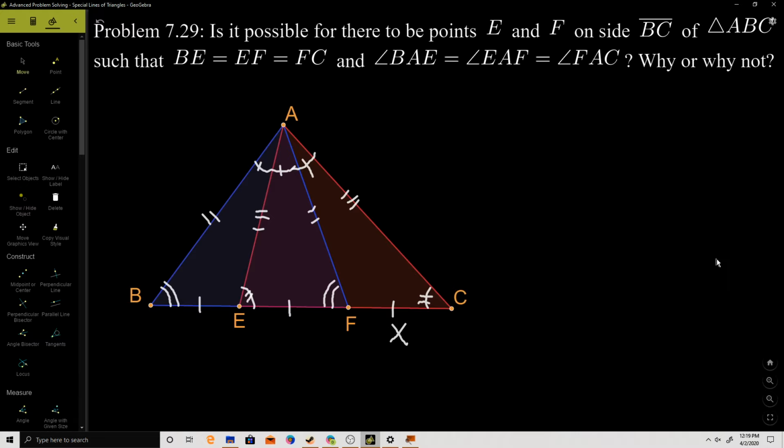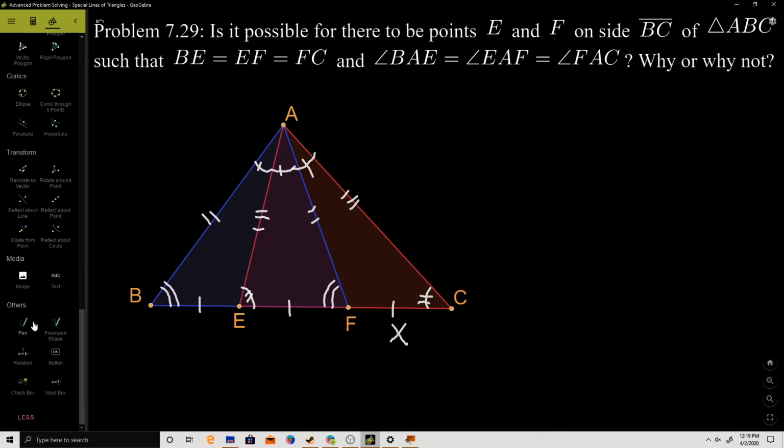Okay, so now that we have proven all of these equal lengths and stuff, do we see anything that's going to make it a problem for this triangle to exist? Well, we have a lot of the same triangles. In fact, all three of these small triangles are the same because we have side-side-side congruence.